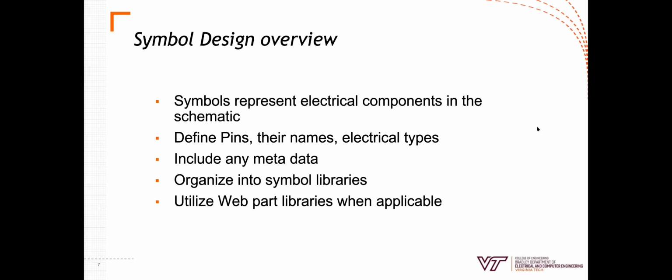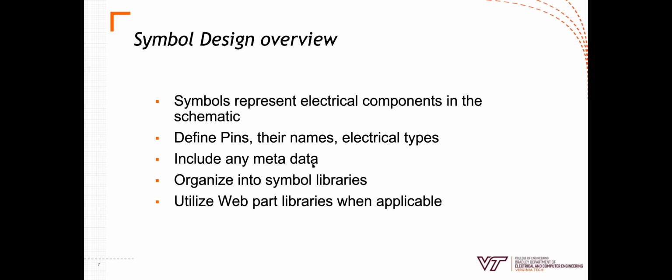Specifically, we're going to be using Ultra Librarian, but you can also make your own symbols from the datasheet, and we'll be doing that. It's important that you define the pins so that they're associated with the pins in the footprint, so you don't accidentally specify all your pins, and then when you go to lay out the footprint, they're completely mismatched and don't line up. This makes sure that you're actually hitting the pins on your IC that you need.